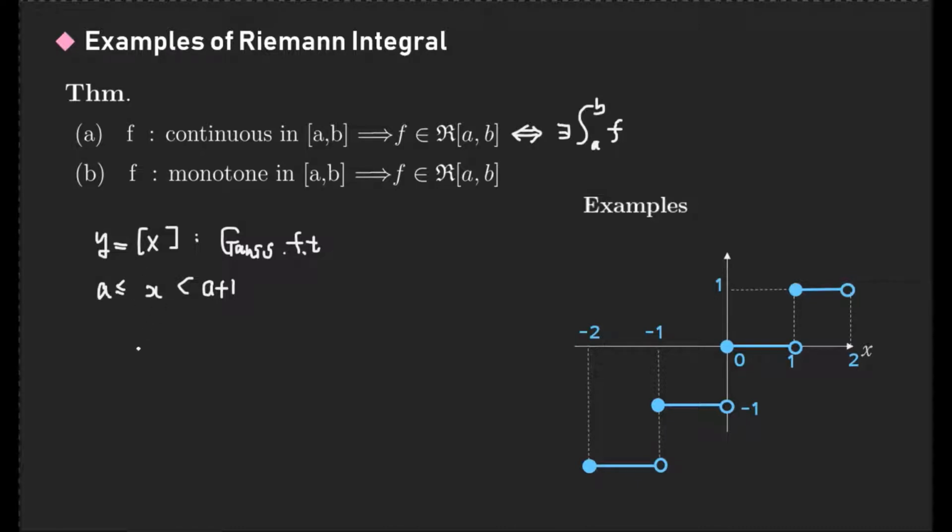Roughly speaking, given a point x, the Gauss function spits out its integer value. So this is the Gauss function.